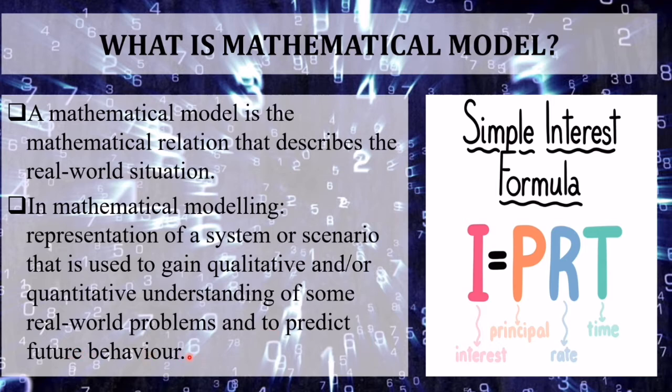For example, the simple interest formula I = PRT is the relation between simple interest and the other three quantities, that is, principal, interest rate, and time.